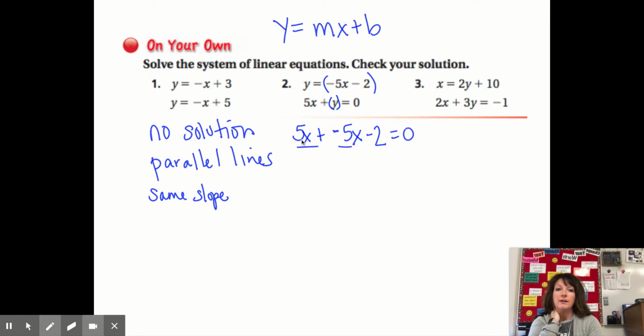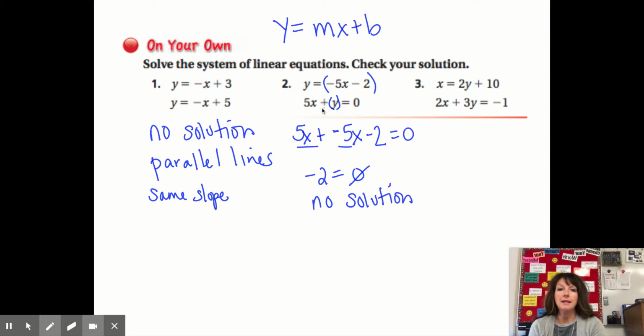So we have 5x minus 5x. They cancel each other out because it's equal to 0x. So -2 equals 0. Does -2 equal 0? No. -2 does not equal 0. So this is another example of no solution.